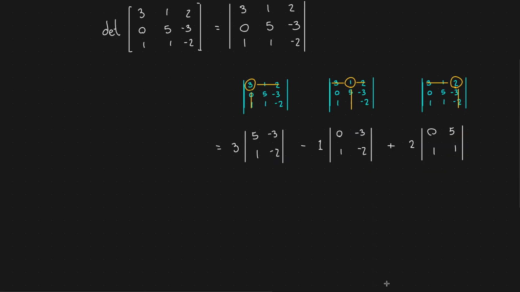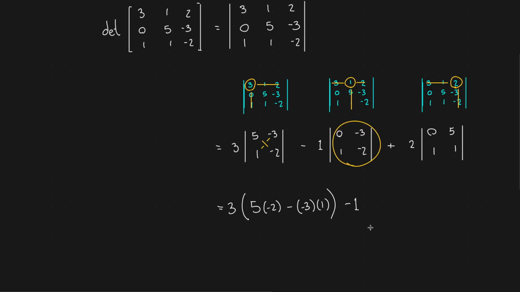And now just take those 2 by 2 determinants. So 3 times 5 times negative 2. And then minus negative 3 times 1. Okay, minus 1.